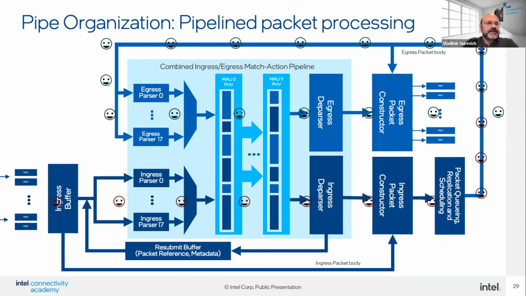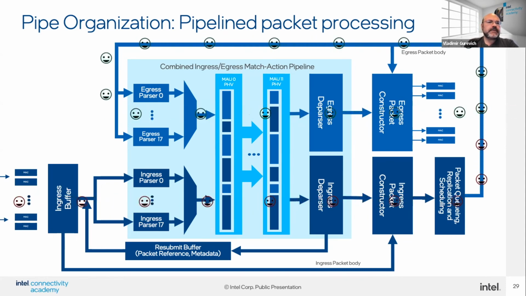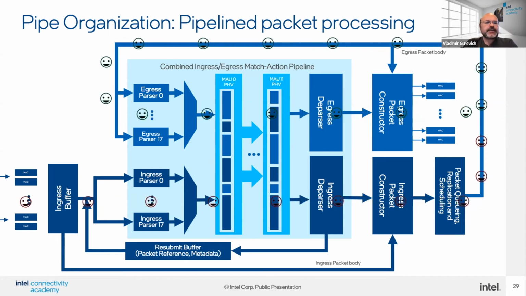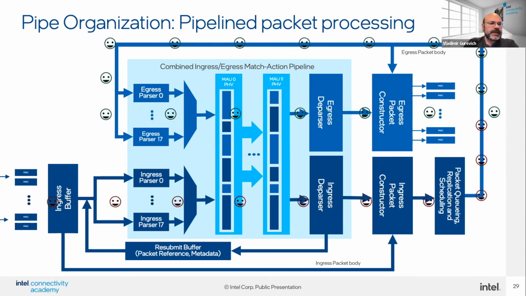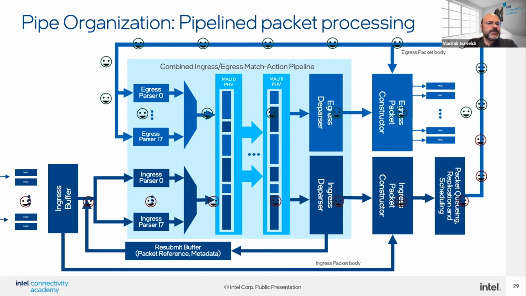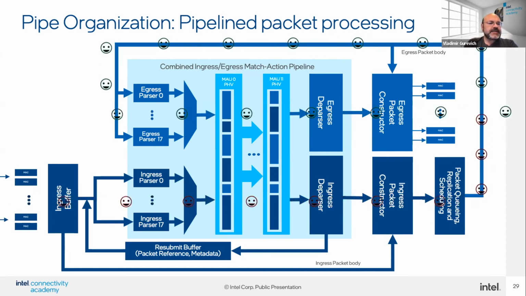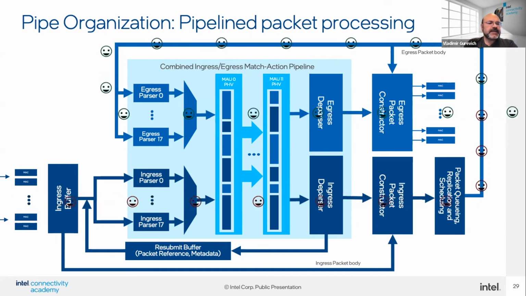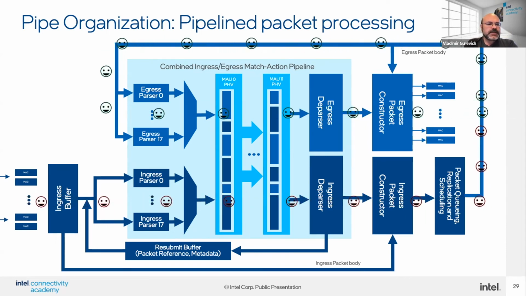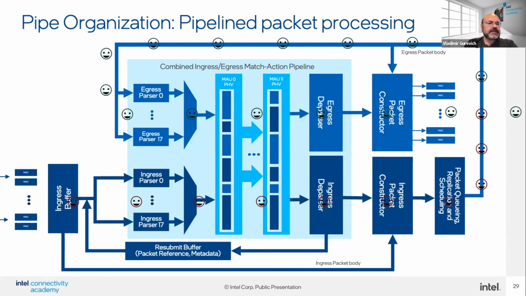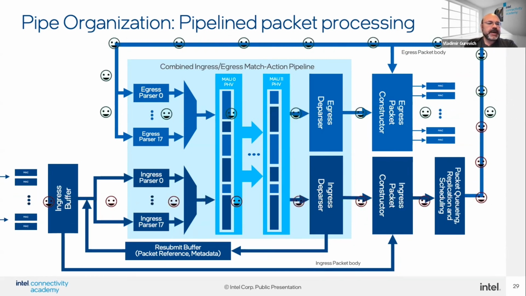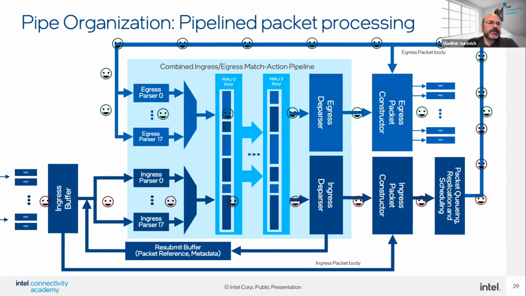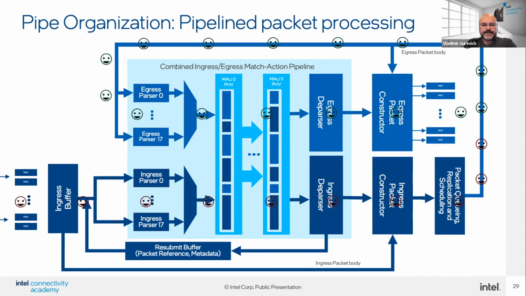In reality, in Tofino, a packet can take anywhere from a couple dozen to a couple hundred clocks to pass through the pipelines, which means that each pipe processes up to, I would say, 700 packets in parallel. That's one of the secrets of why these devices are so high performant, is because their pipelines are very, very long. In comparison, for example, a typical CPU pipeline is about 15 clocks.